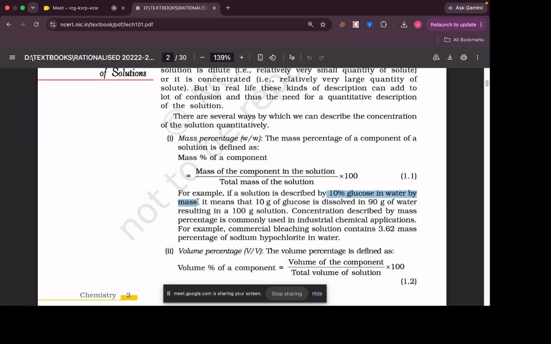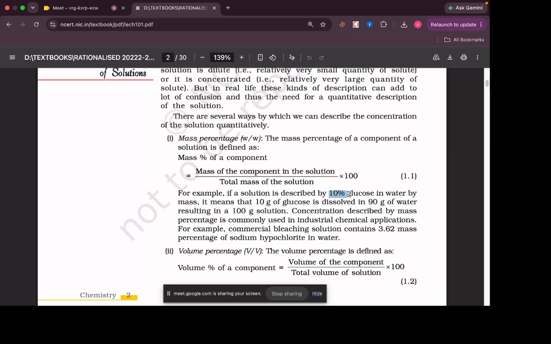Glucose in water means glucose is solid, water is liquid. Solid in liquid, is it a solution? Yes. So three points we are done. As soon as you see this, whenever you are talking about percentage, please use your mind that we are talking about a total of 100%, correct? From 100% only you will find 10%.